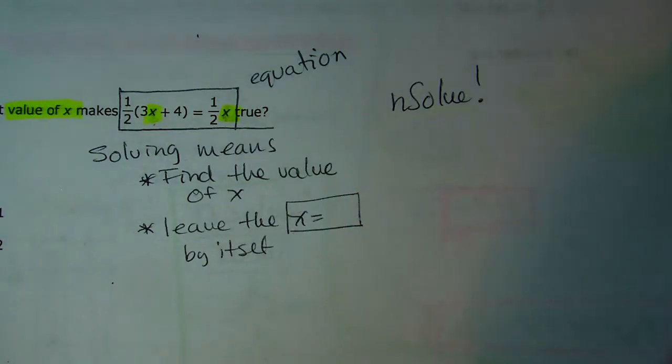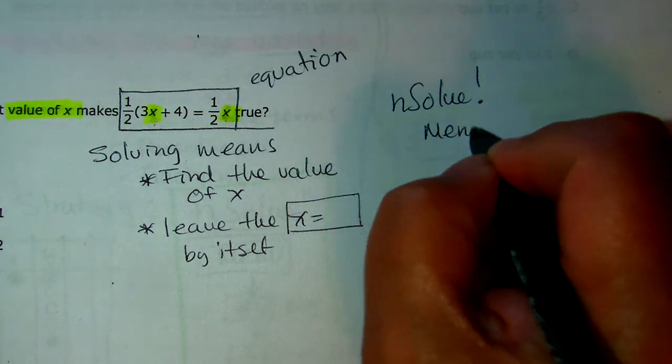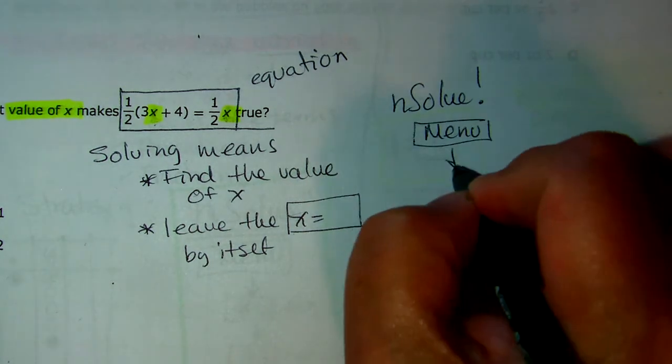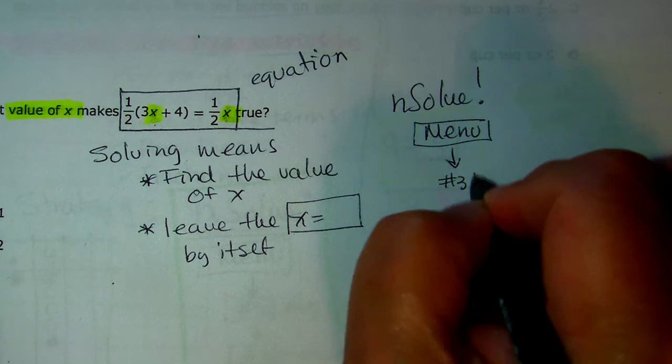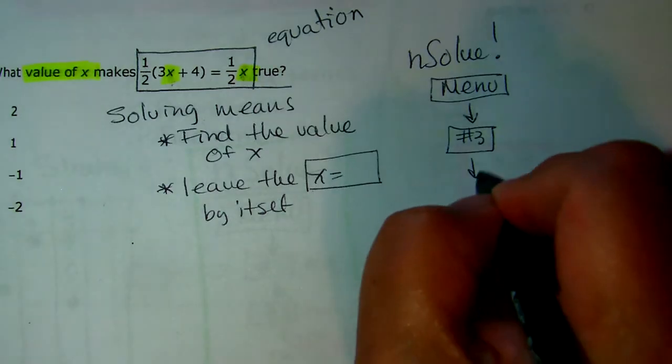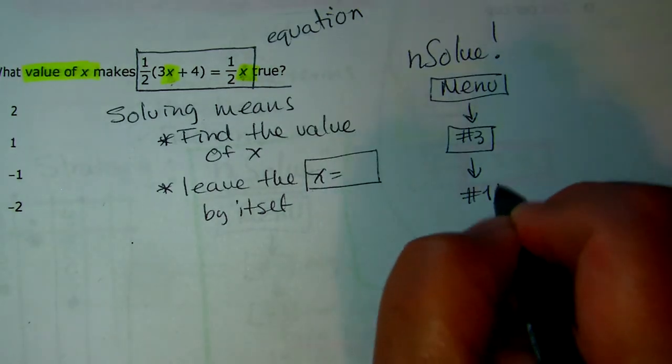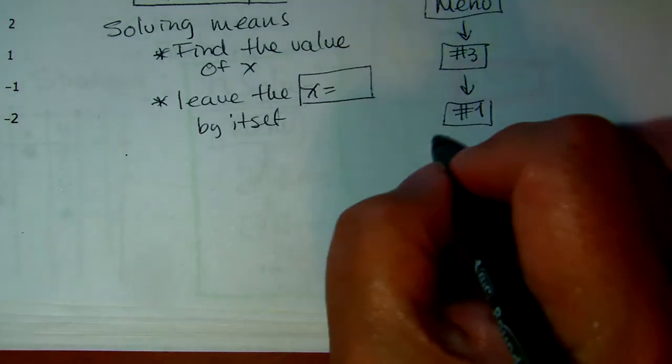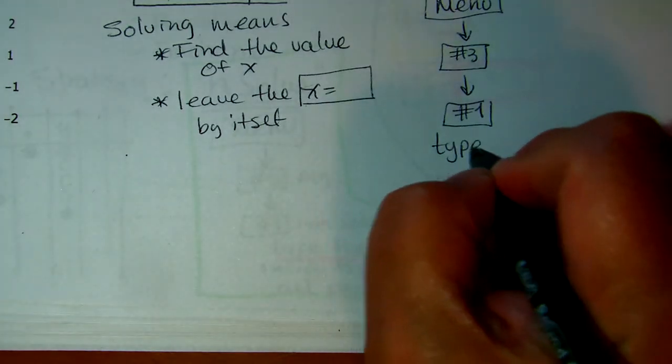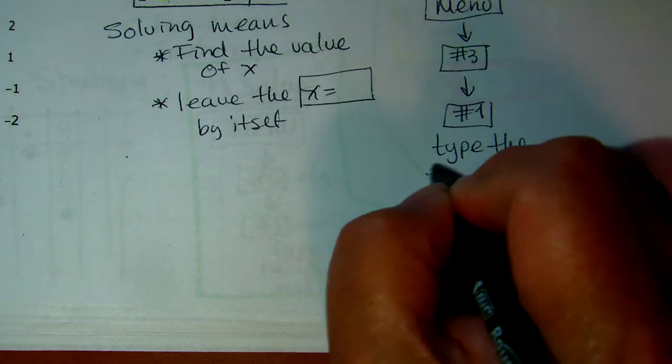Let's write down the steps. We press menu, then number 3, then number 1. And then you type the equation.